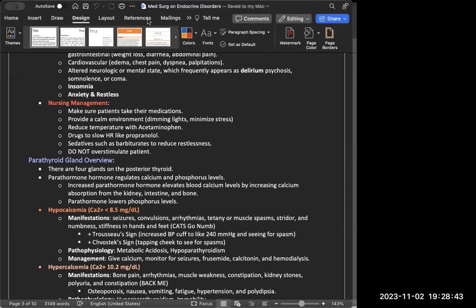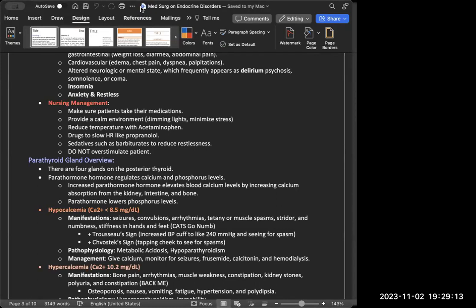So we want to dim the lights and minimize any sort of stress that they might get. Does anybody have anything else that they want to add for a thyroid storm? Okay, so like I said, medications like propranolol, we want to reduce the temperature, right? Because part of that thyroid storm is hyperpyrexia or increased temperature.